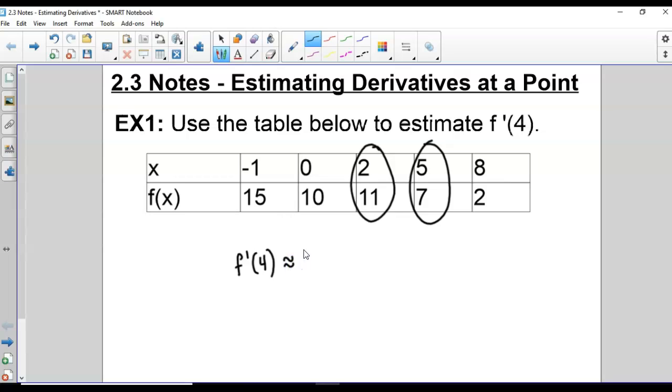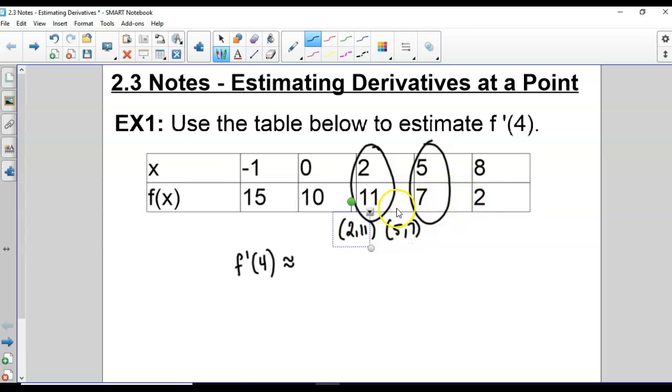I love the squiggly equal sign. It's like equals, but maybe not quite. Not quite sure if it equals this exactly. So the squiggly equal sign is for when you're estimating and it's not exact. A lot of times they won't count off if you use the equal sign, but it's more accurate to use this. And so these are the points (2, 11) and (5, 7).